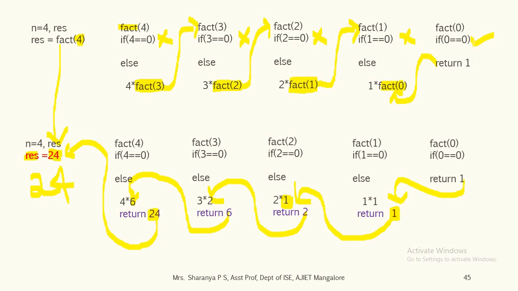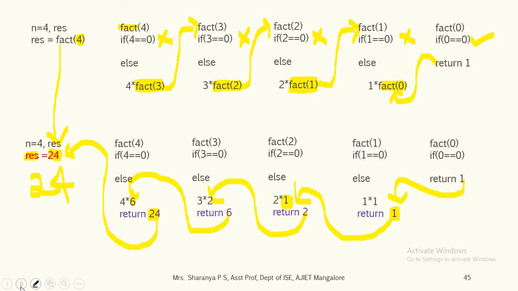So what is the termination condition we found here? When the value of n is equal to 0, it terminates and returns the value to the point from where that function is called, and it calculates the final result based on that. This is how the function works in the back end.